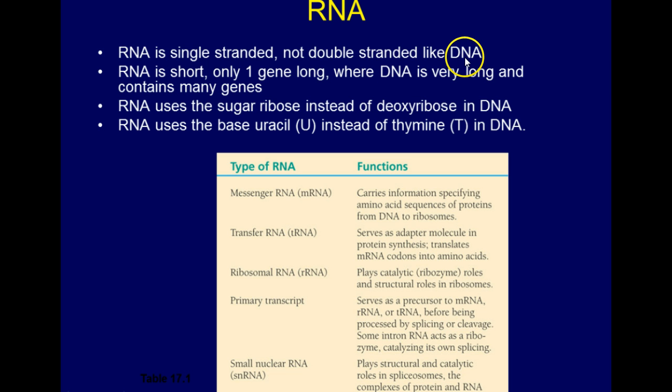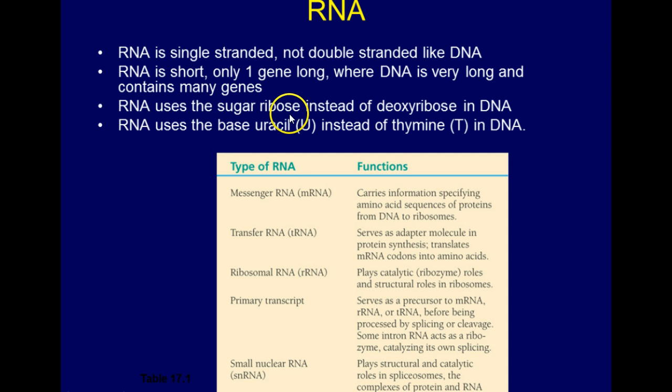But here now we're outlining the differences between RNA and DNA. So it says RNA is single-stranded, DNA is double-stranded. RNA is short, only one gene long, where DNA is very long and contains many genes. In fact, we'll do a DNA extraction from a strawberry this year, and you'll see how much DNA there is.